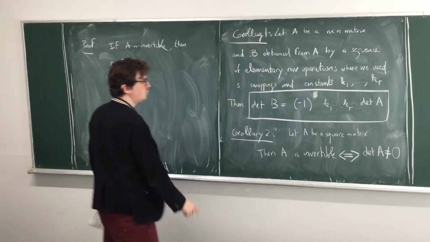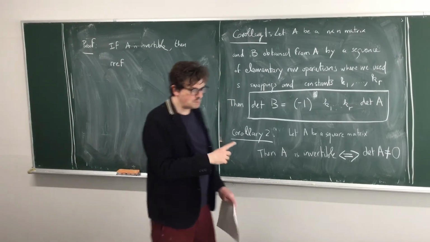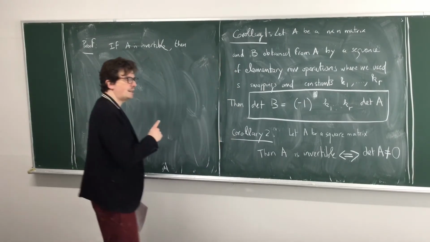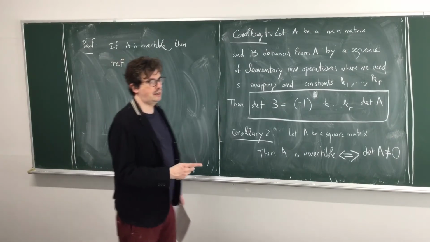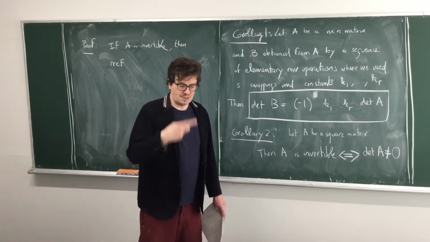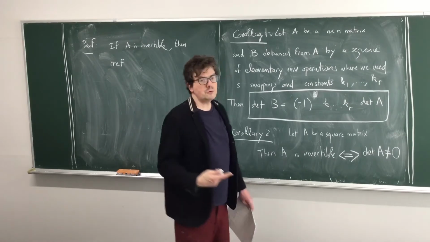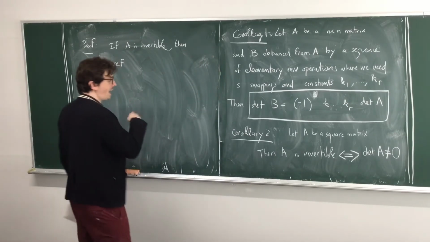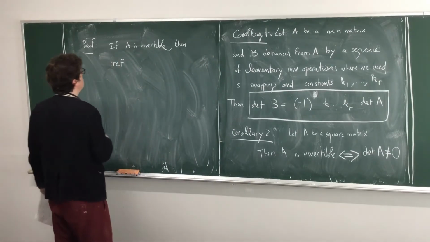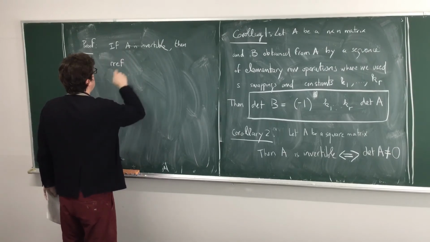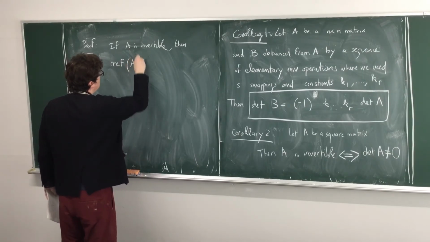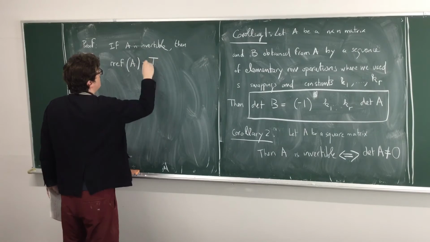You remember you build an augmented matrix with A on the left side and I on the right side. And at the end, if the matrix is invertible, you will find I on the left side and A inverse on the right side. So you know for sure that the RREF of A will be the identity matrix.